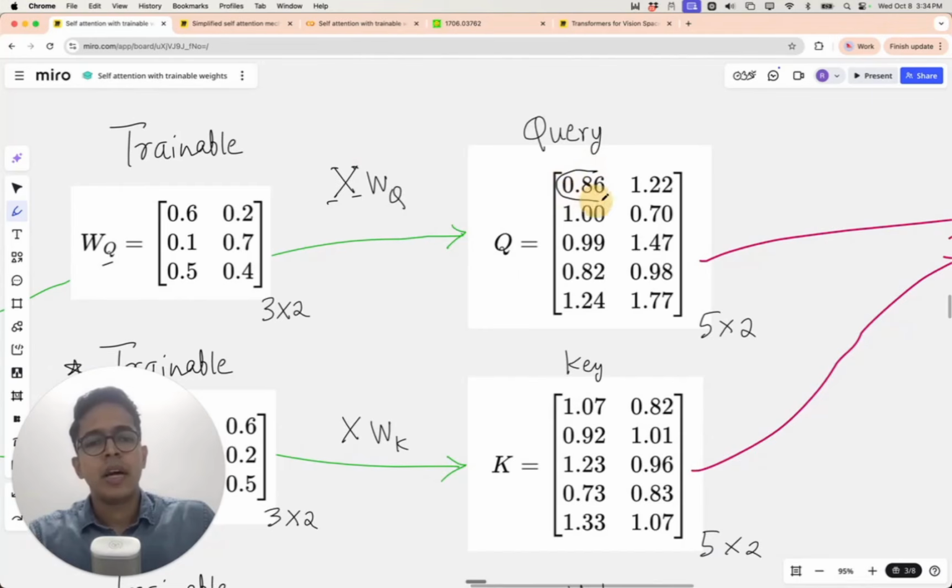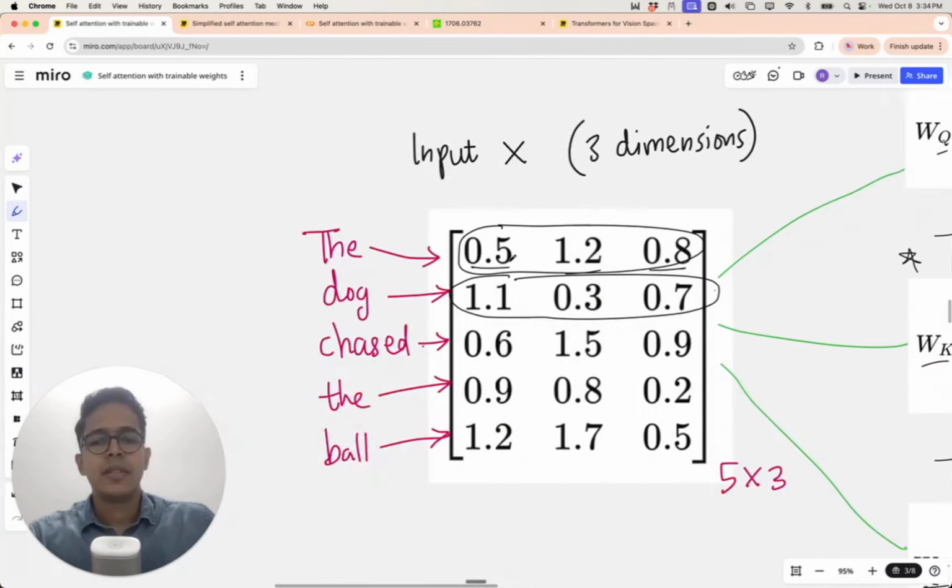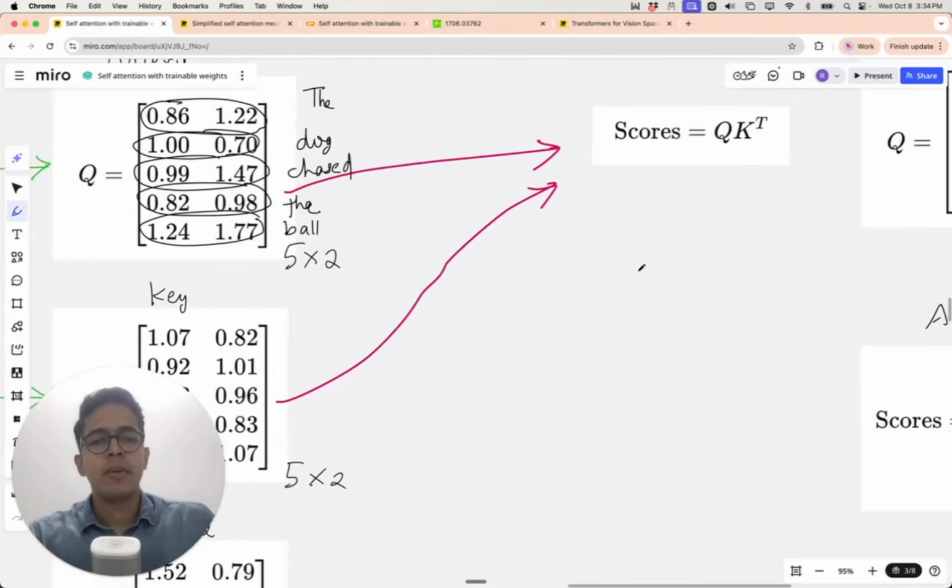So this is the 2-dimensional representation corresponding to dog, chased, the, ball. Earlier it was a 3-dimensional representation. Now it became a 2-dimensional representation.